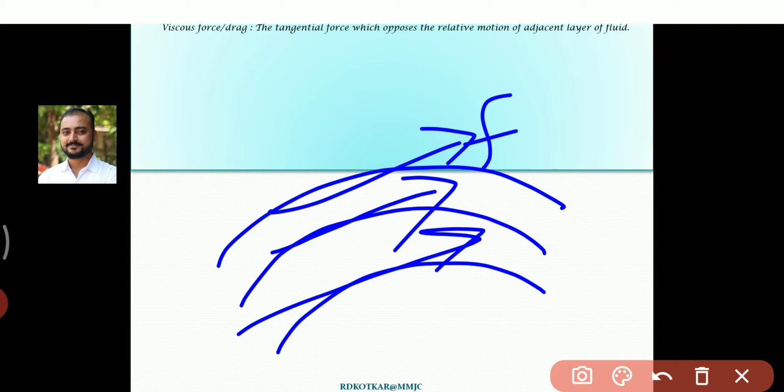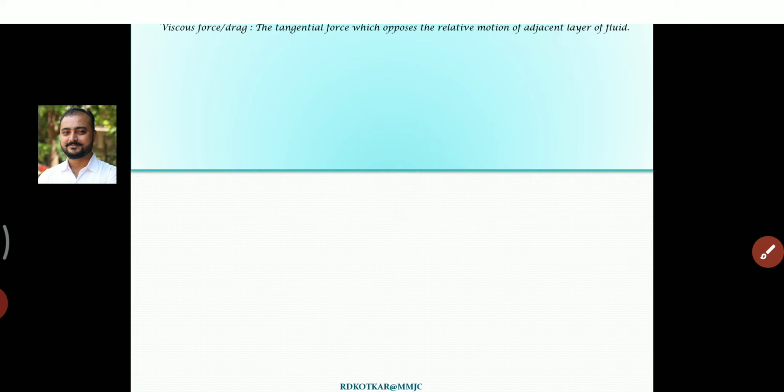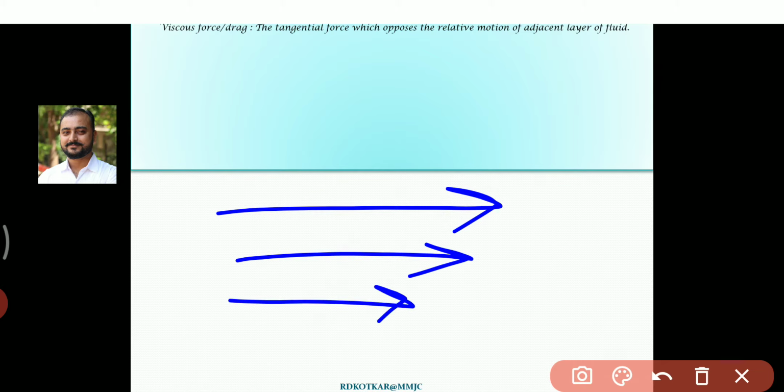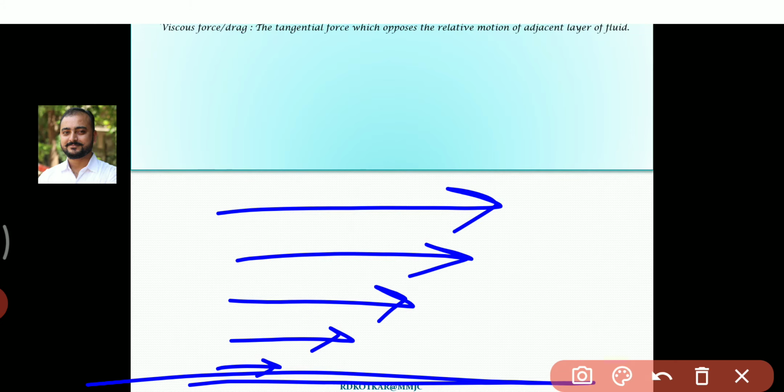Remember that the topmost layer is moving very fast, then the bottom one has less velocity, less velocity, and finally this is a stationary flow. So the velocity of the top layer is always greater, at the bottom it is always 0, and it decreases from top to the bottom.